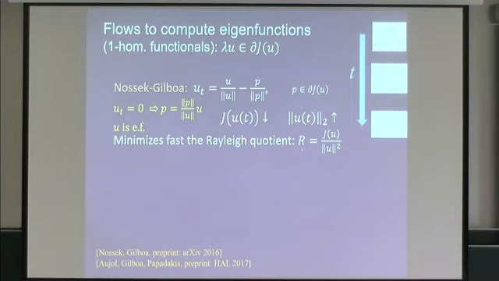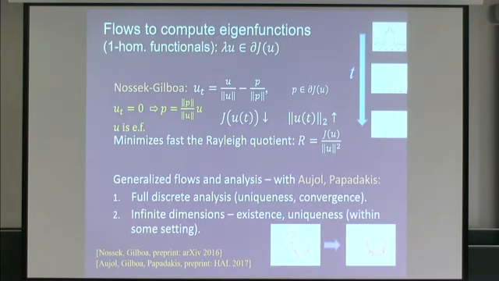So it minimizes this Rayleigh quotient, and we know that eigenfunctions, also nonlinear, are critical points of this Rayleigh quotient. And we now work on generalizing this with Jean-François and Nicolas. We have a full discrete analysis of these types of flows and some results on existence and uniqueness.